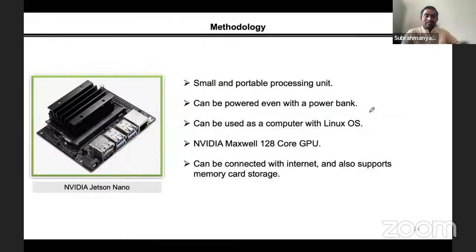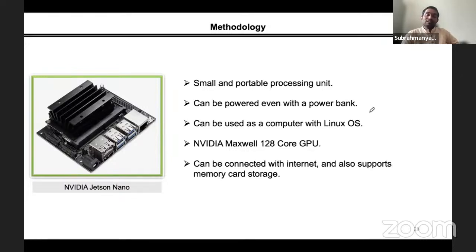The Jetson Nano is a small and portable processing unit, and can be powered even with a power bank. So you can keep this on drones if you want to process content on drones. The weight is very little, and you can use a power bank directly.